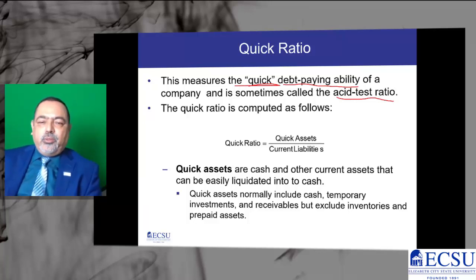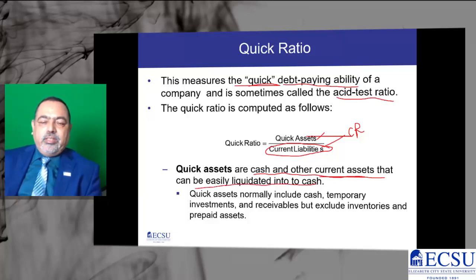The quick ratio is computed by taking the quick assets divided by the current liabilities. The current liabilities are the same as we used in the current ratio. Not all current assets are quick assets, so we have to identify only the quick assets. Quick assets are basically cash and other current assets that can be easily converted into cash.